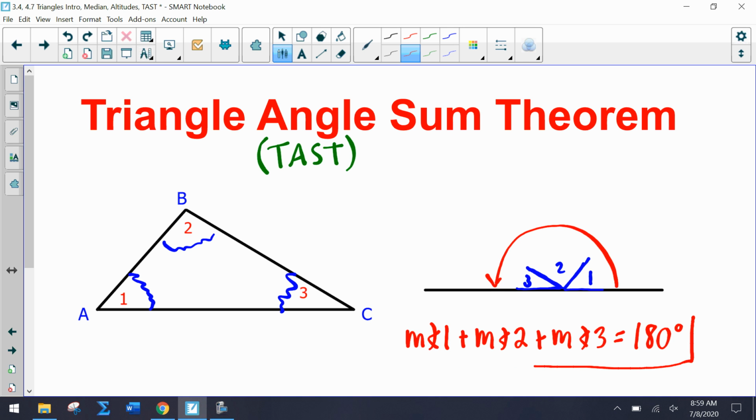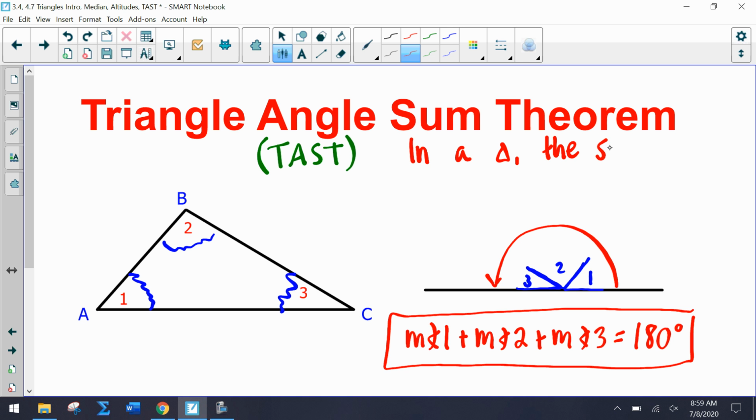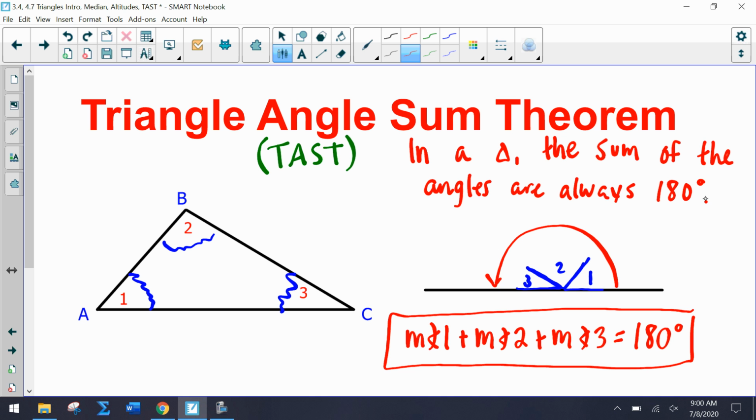So this is the triangle angle sum theorem. So in a triangle, the sum of the angles are always 180 degrees. So make sure you write that down, something that we'll be using. And that's it for today.